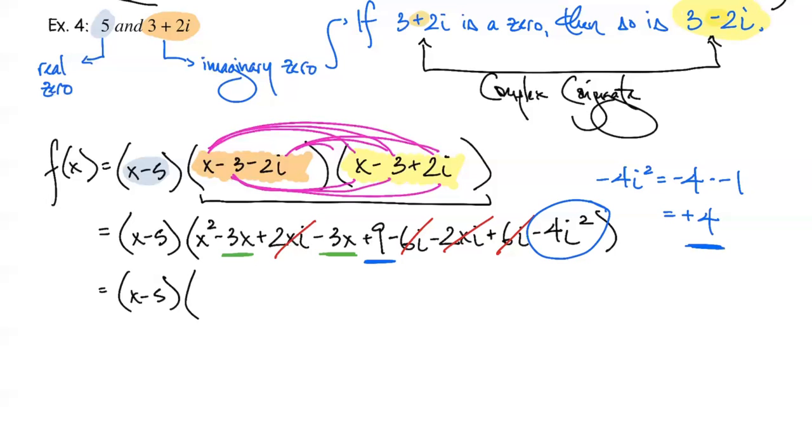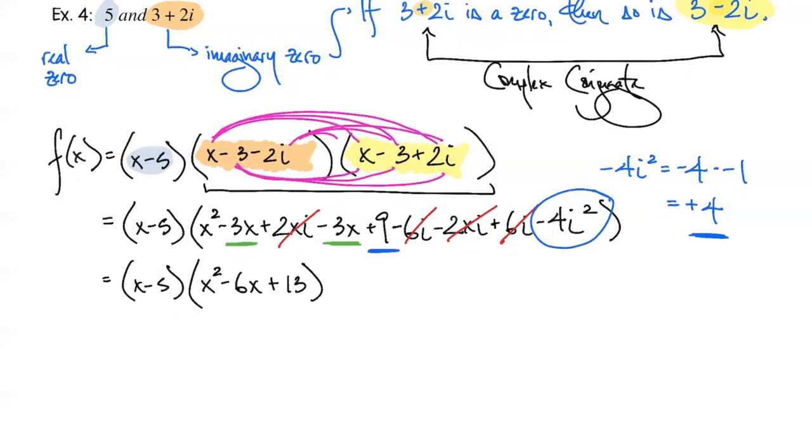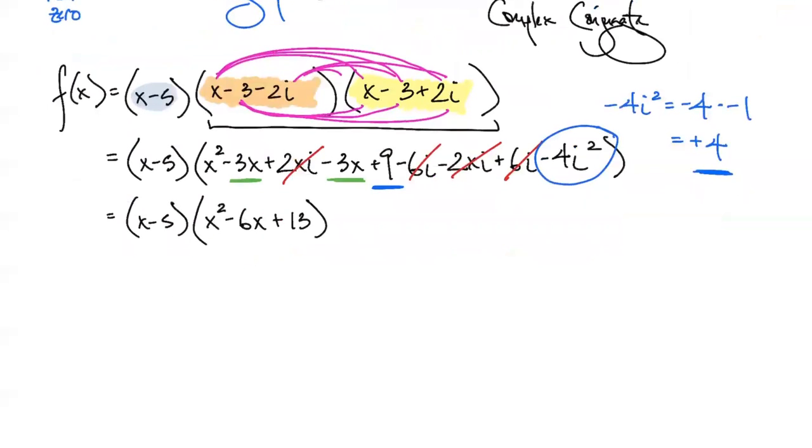So what do we have after we get rid of all this stuff and combine terms? We get x squared minus 6x plus 13. All right, we are almost done here. We got to distribute one more time.